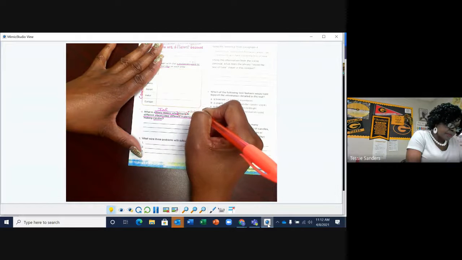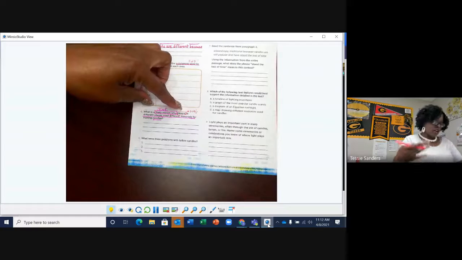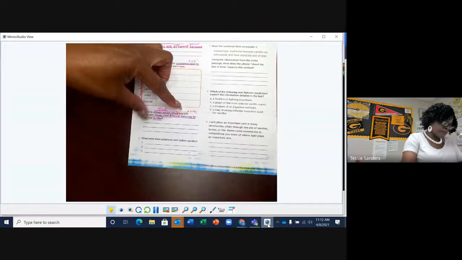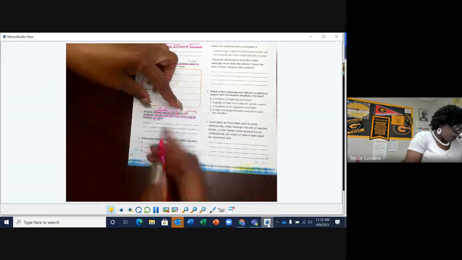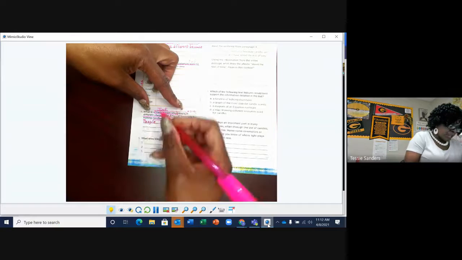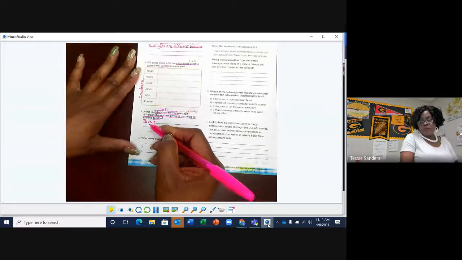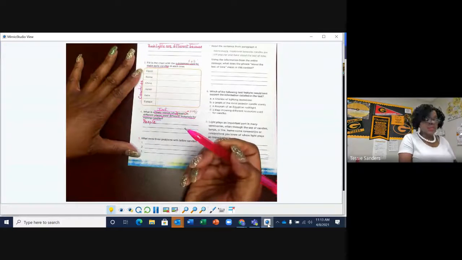SUBJ. This is your subject. So we're going to start out our sentence with what word? People, capital P, because it starts the sentence. Now look at the capital P and the lowercase p. There's a difference, right? Yes.